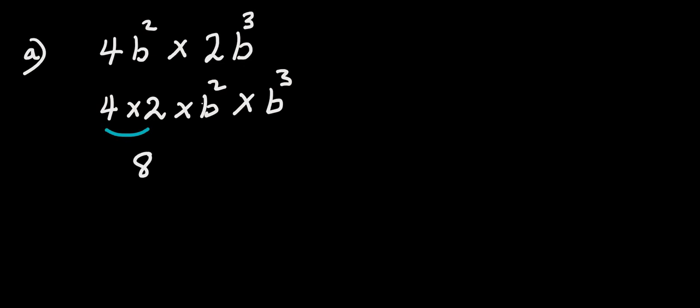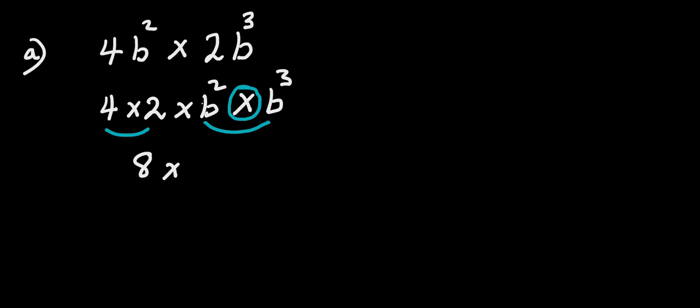So we have 12 times, and then as for this, we have b squared times b to the third power. You must recognize that you are multiplying, so you have to apply the multiplication law to this.